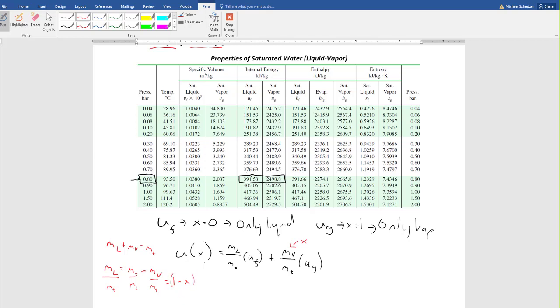Right? If it's 25% liquid, then you know it's 75% vapor. So I can change this into 1 minus x.